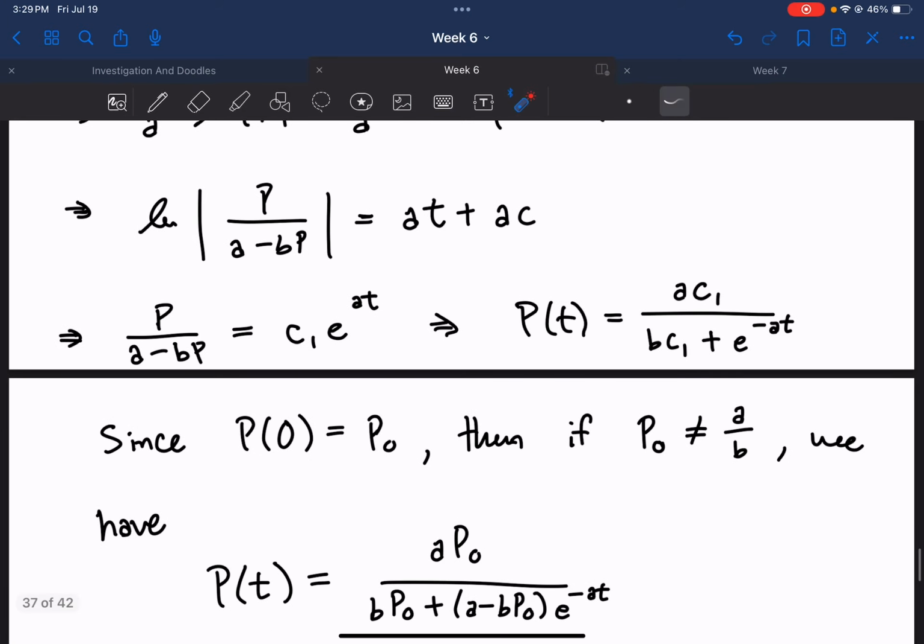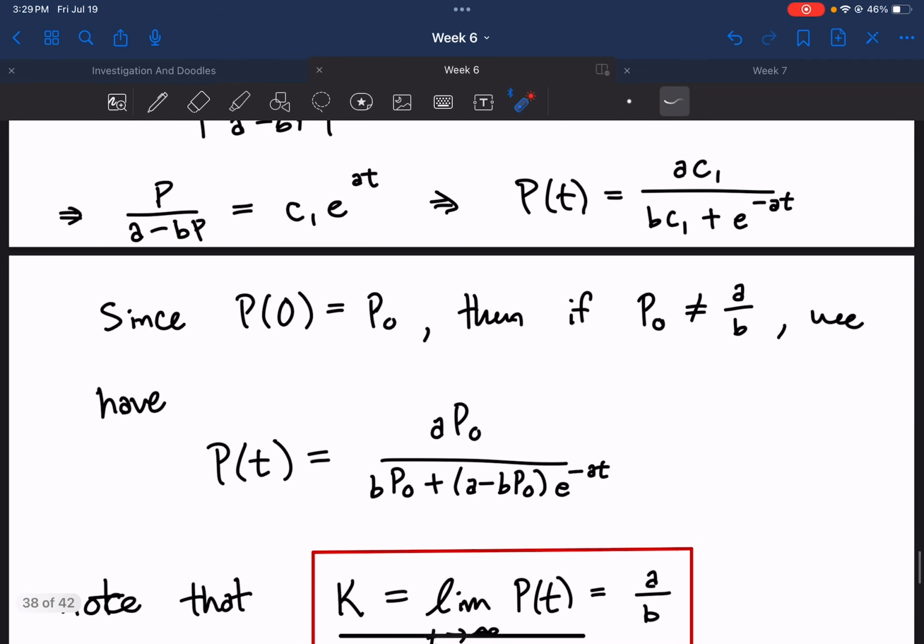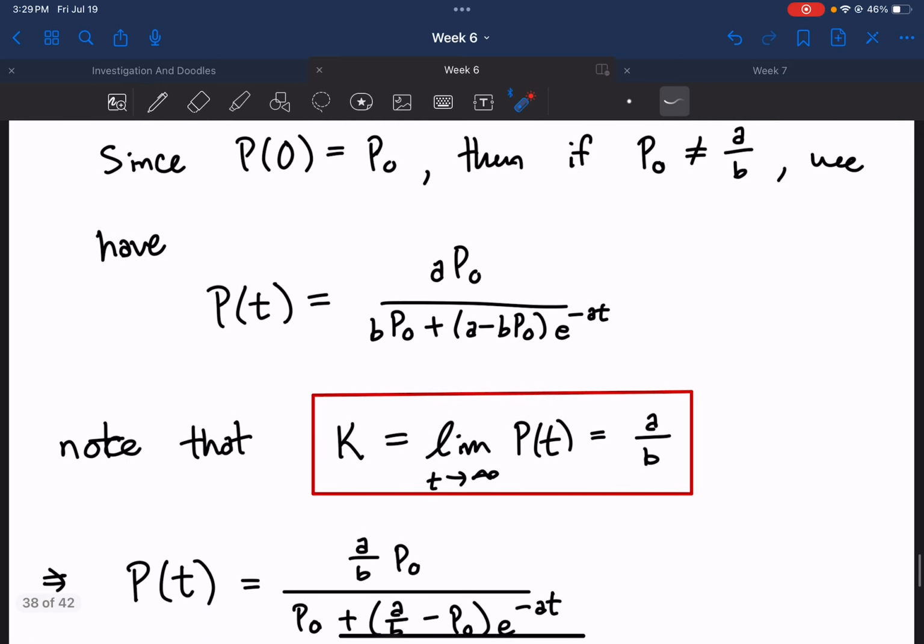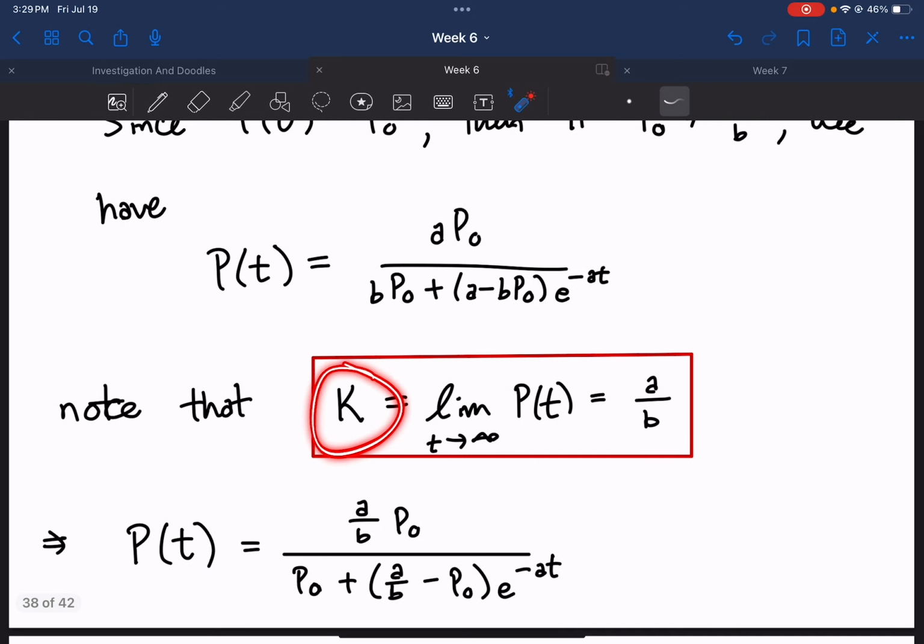And since P(0) is equal to P naught, then if P(0) is not a over b, we have P(t) equals a P naught over (b P naught plus (a minus b P naught) e to the negative at). Note that in this case, K, the limit of the population, is a over b.